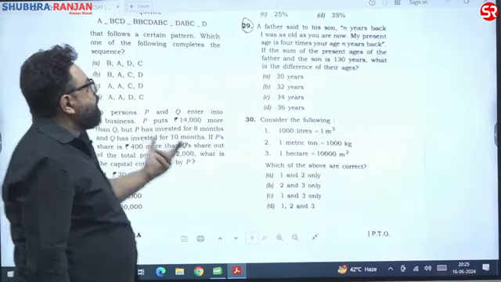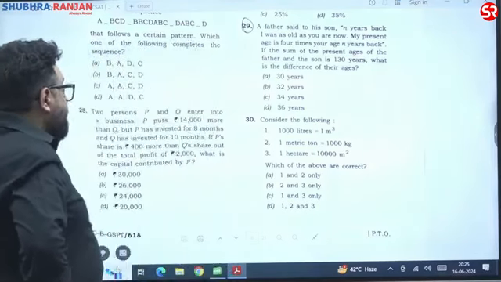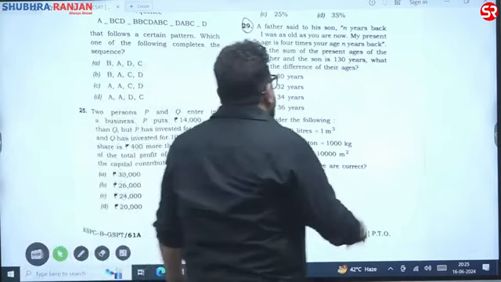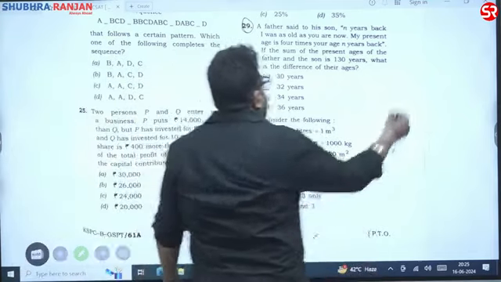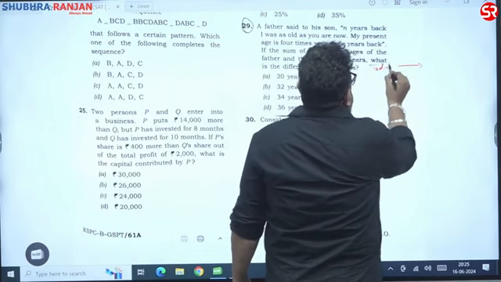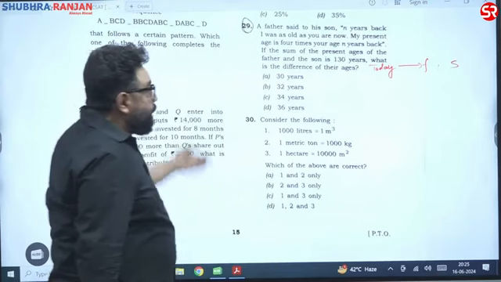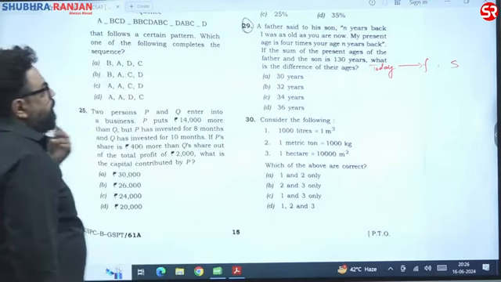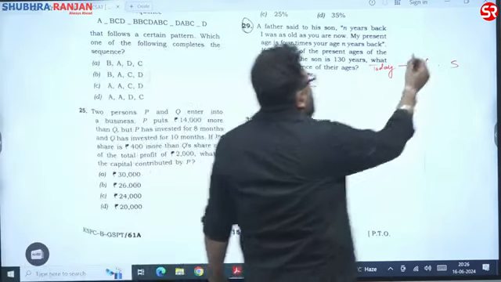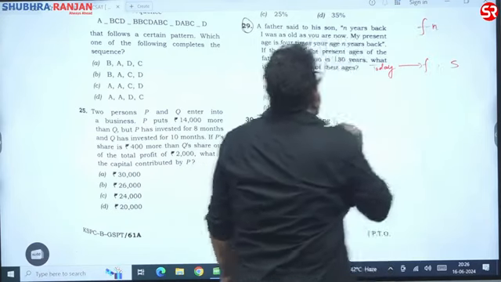A father said to his son, N years back, I was as old as you are now. So today, F stands for father, S stands for son. N years back, I was as old as you are now. So N years back, father's age was F minus N, right?